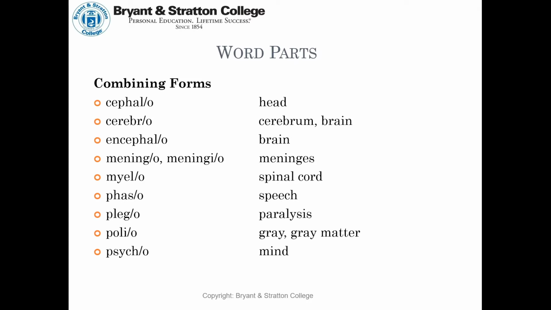And then psycho is mind, because it's important to remember that the nervous system and our psychiatric function is part of our nervous system. They're separated by specialty. You can kind of think about them as two sides of the same coin, with the coin being our nervous system itself.